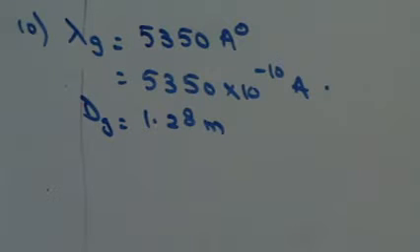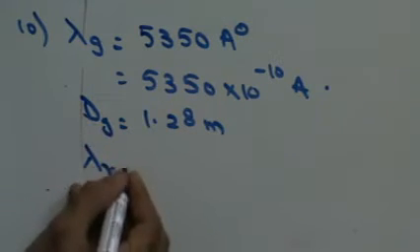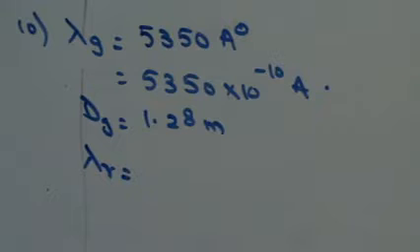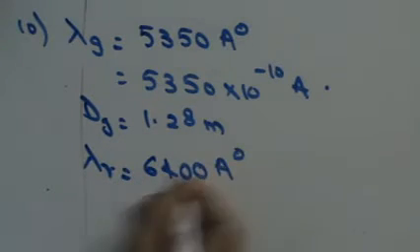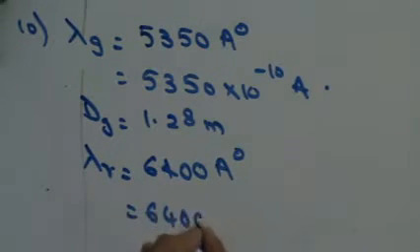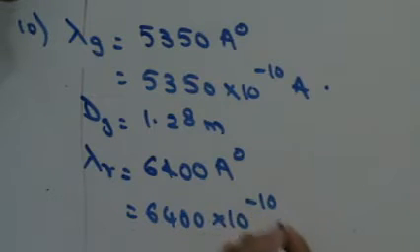What should be the distance between the slit and the screen if red light of wavelength 6400 Armstrong units is used?